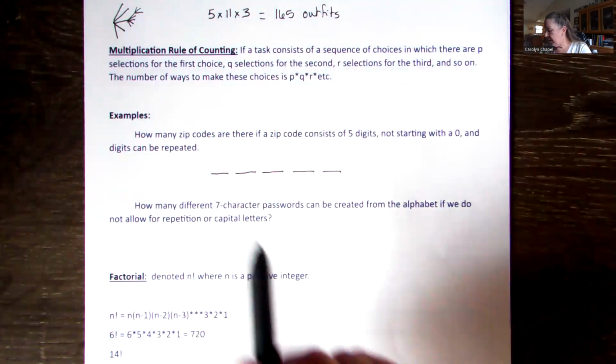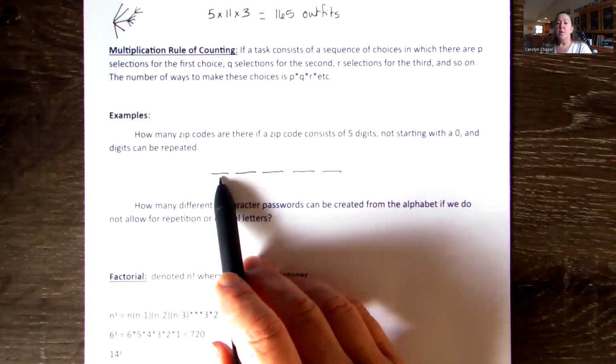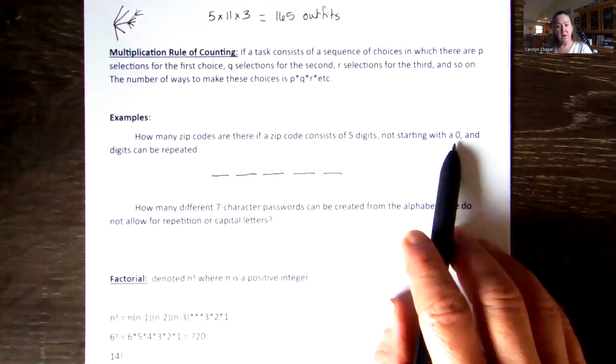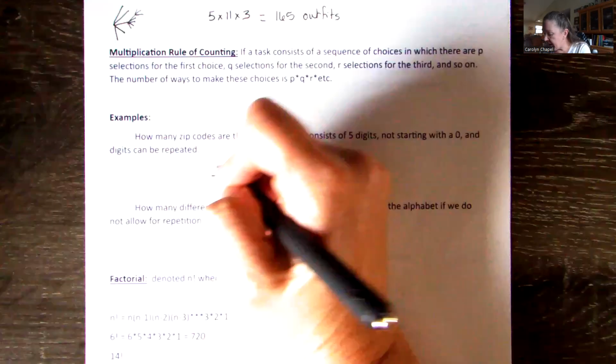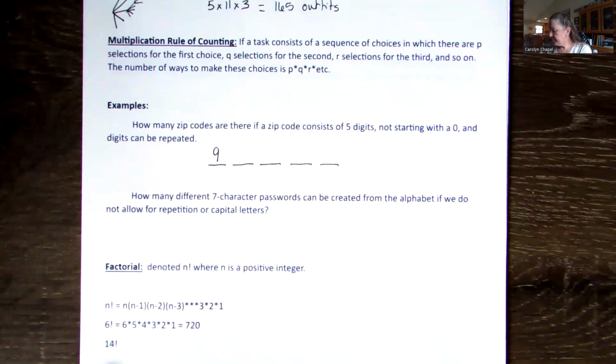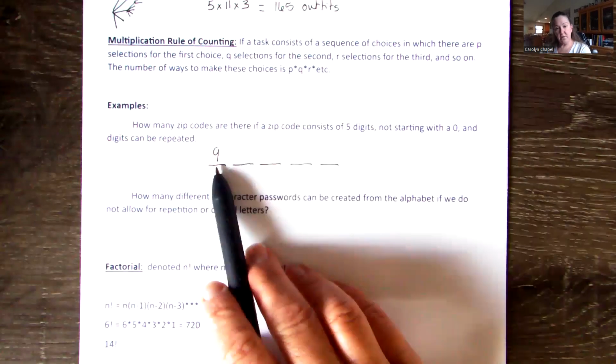So I say, okay, how many ways can I do that first choice? Well, if it's a digit, digits go 0 through 9, so there are 10 different digits, but I can't start with the 0. So I only have 9 choices for that first spot. Here I can use any digit that I want and I can repeat, so I could use the one that was here as well.